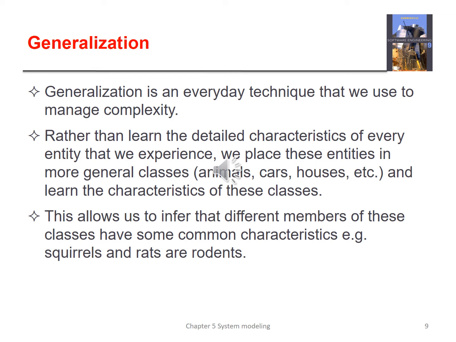This allows us to infer that different members of these classes have some common characteristics. This means that the upper class, the superclass, has some characteristics, and the lower class has all these characteristics plus more.